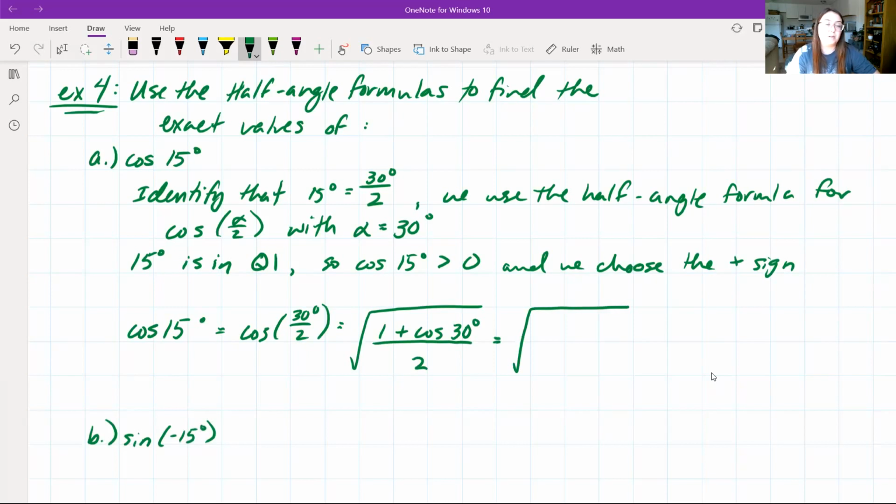Then we know what the value of cosine of 30 degrees is going to be. It's going to be square root 3 over 2, all divided by 2. We want to simplify this as much as possible.